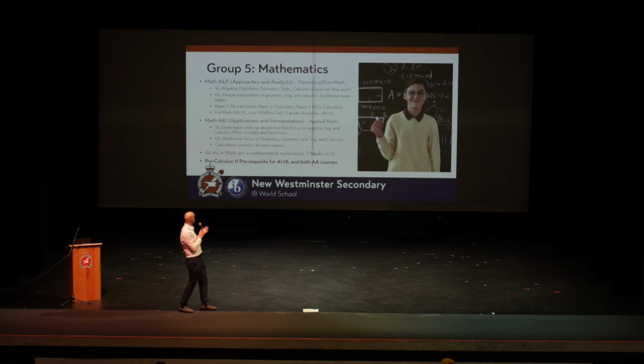Another key difference is that the ANI program is more heavily skewed towards statistics and probability, especially statistics, and a little less skewed towards calculus, although again, for both in HL there's a heavy component of calculus, and hence you get credit towards university level math courses for that. Whereas ANA, there's less of a focus on the statistics and more on the calculus.